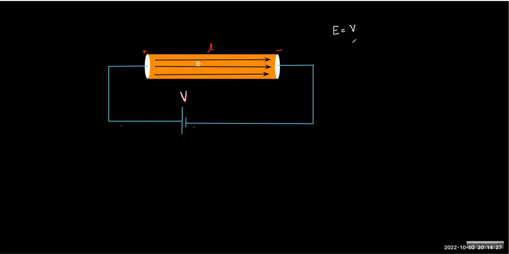Electrostatics. The electric field is defined as potential difference upon separation.